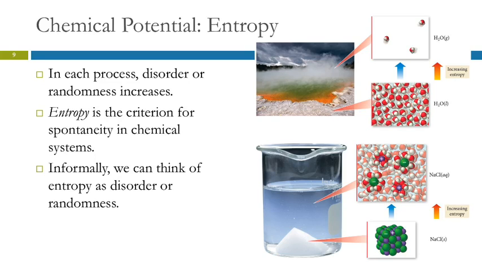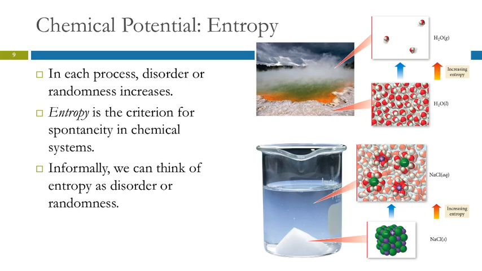If we look at a couple of these processes, here we have sodium chloride dissolving in water. In sodium chloride crystals, the sodium and the chloride ions are arranged in a very rigid pattern. It's sodium chloride throughout. When this dissolves in water, those ions disperse throughout the water and they no longer have that order that they had before.